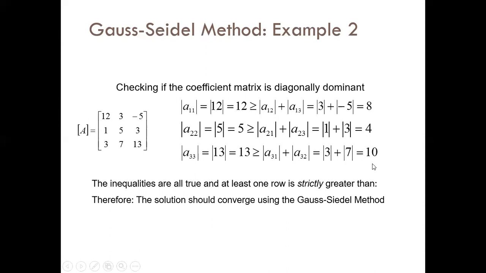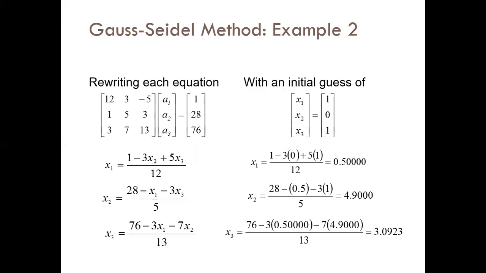Means the diagonal values are greater than the summation of the other two values in the same row. Means the solution should converge using the Gauss Seidel method.